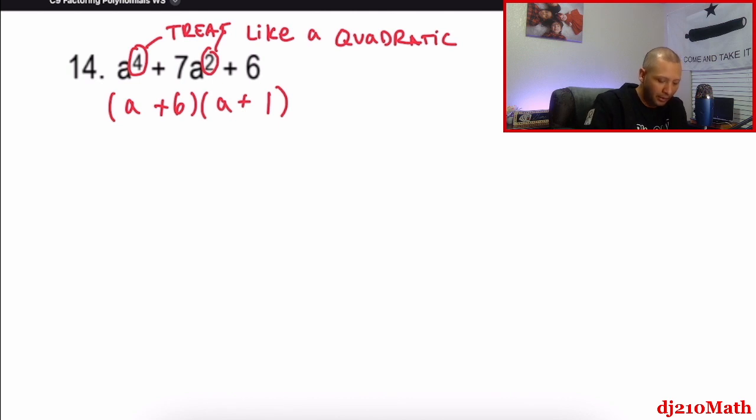So whatever this middle term is, a squared, that's basically what we're going to use. Because now, when we distribute this out, a squared times a squared, you add the exponents. So 2 plus 2 is 4. And they're not a perfect square or a difference of squares, so that's all we can do.